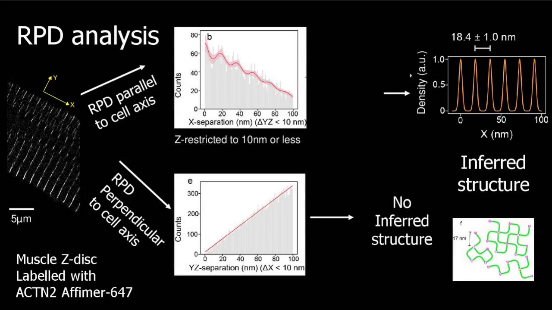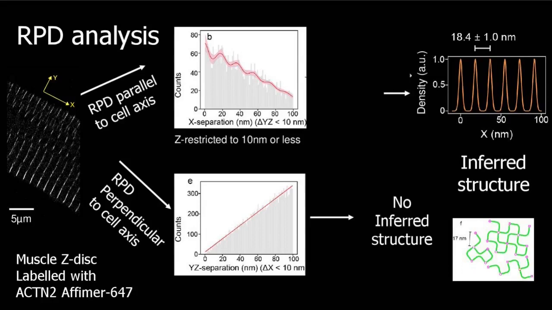Here is our histogram in grey, and here is the model RPD that we fitted to that with the error. And that's consistent with a spacing between these actin binding sites of the actinin molecule of about 18 nanometers, which is actually very close to what it has been shown to be by EM.